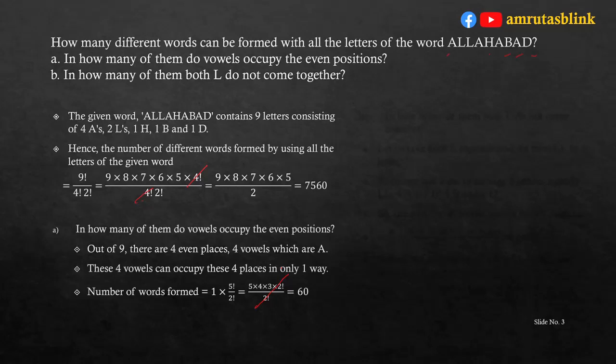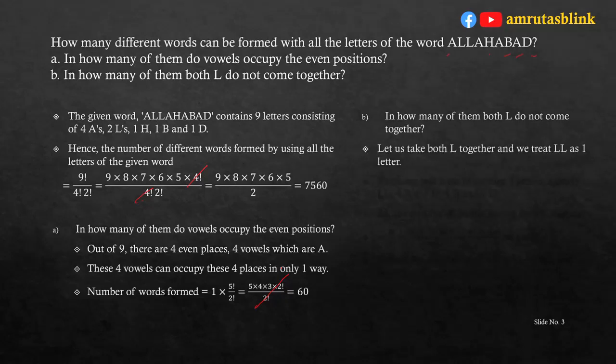Moving to the second condition, in how many of them both L do not come together. Let us take both L are together. If we calculate words in which both L are together, from that we can simply find out the words in which both of these L's are not together.